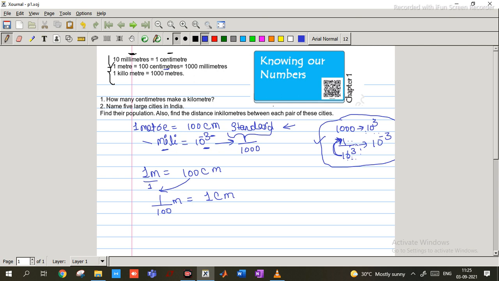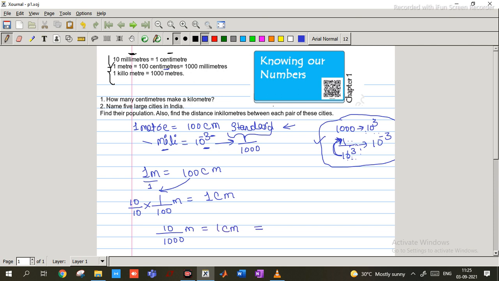Suppose I now multiply this number by 10 and divide by 10 also. Now this becomes 10 by 1000 meter is equal to 1 centimeter.